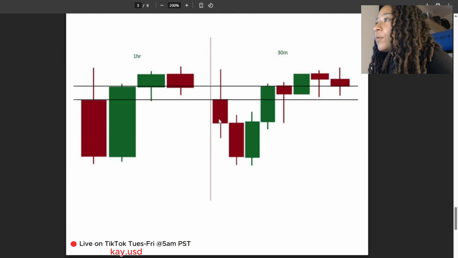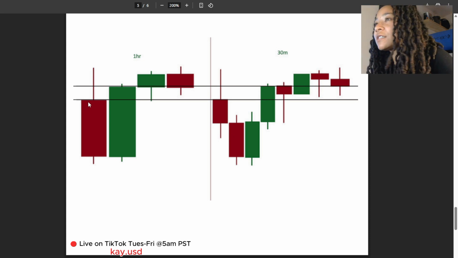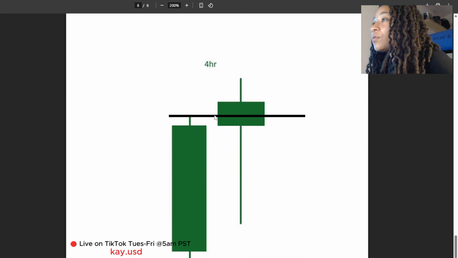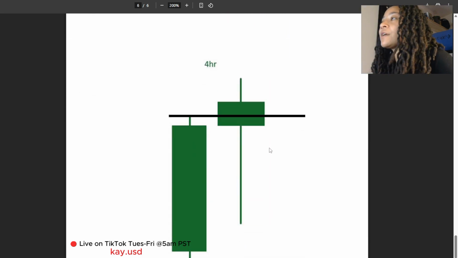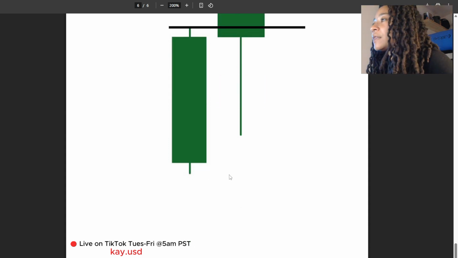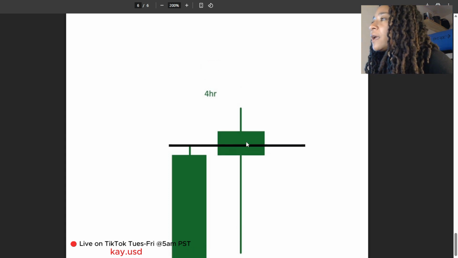Even though we printed bearish on the first two 30-minute candles of our 4-hour candle, or you could say the first 1 hour of our 4-hour candle, we're still bullish even though we printed bearish in those times, right? Never coming down and breaking the low of the previous 4-hour. So is it safe to say that maybe we could take a buy above the highs of the previous 4-hour candle?